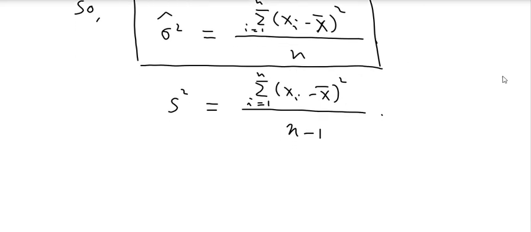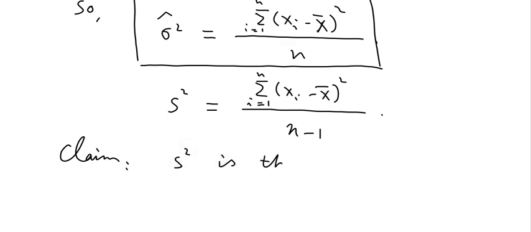So we claim s squared is the best estimate for the population variance.